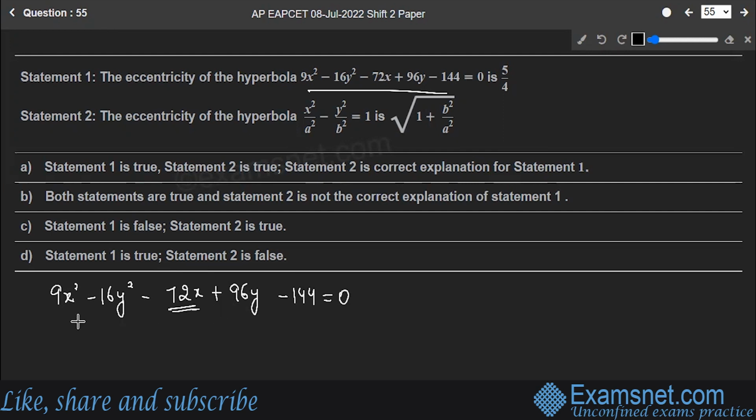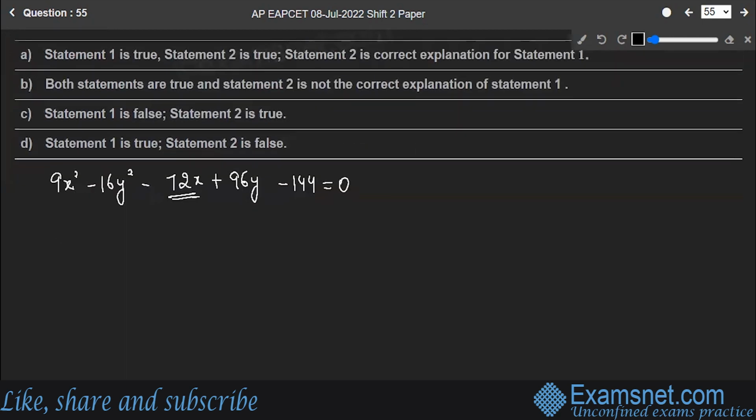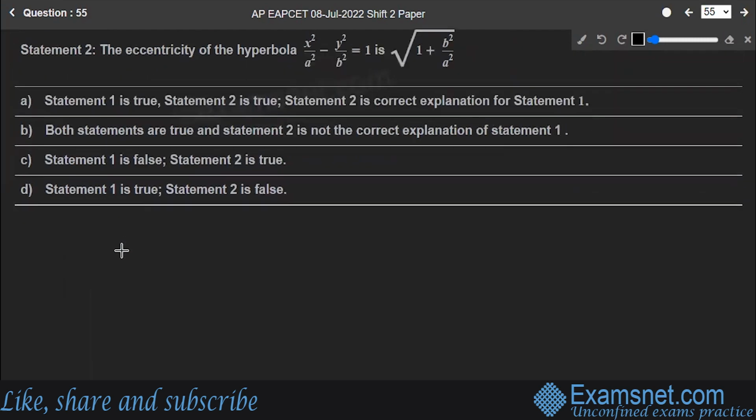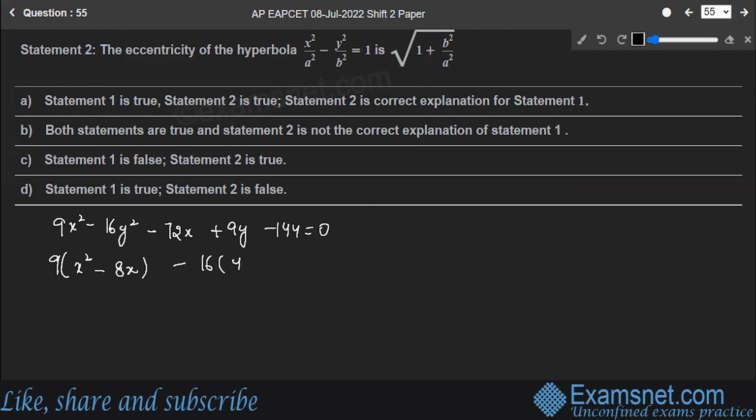I'll take 9 common from the x terms and 16 common from the y terms. So x squared minus 8x, minus 16 common, y squared minus 6y, minus 144 is equal to 0.